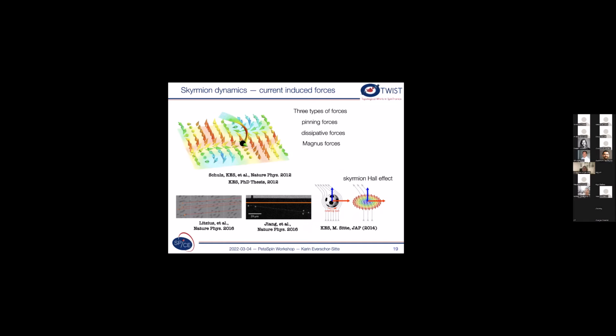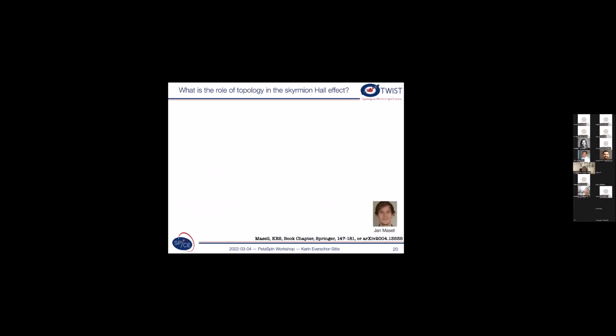So let's look a bit into detail, and actually what is the role of topology now in the Skyrmion Hall effect. So recently, Jan Marcel, who's I think also in the audience, and I have written a bit of a book chapter to also express this a bit in a more overview style. So let's look at the simple structures. And if you want to know more details, I just refer you to this article. Then we can look at the LLG equation.